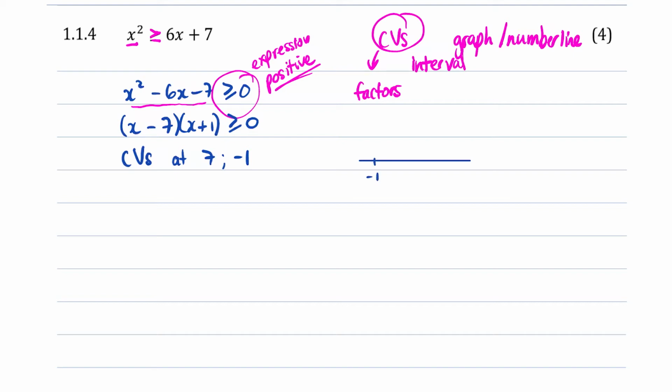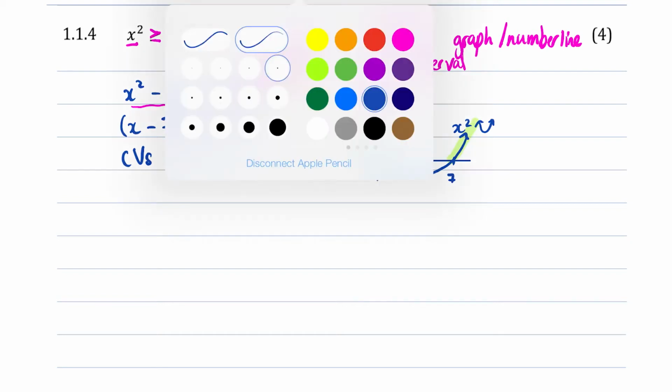So we're going to use those critical values, either as a graph where I've got negative 1 and positive 7. If I look at this as a graph, this is an x squared, a happy positive-shaped parabola. That's the shape I'm looking at. Going back here, remember we wanted the positive part of the graph. The positive part of the graph is where the graph is above the x-axis.